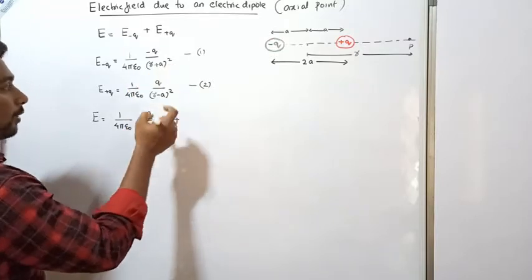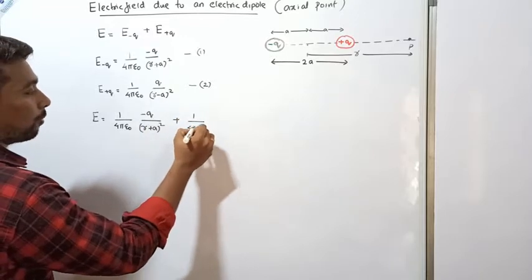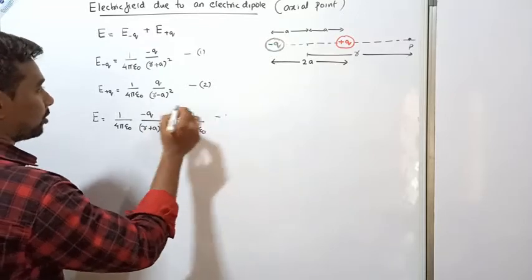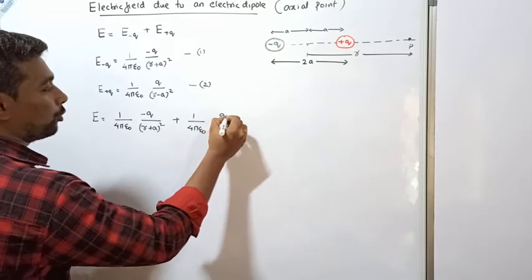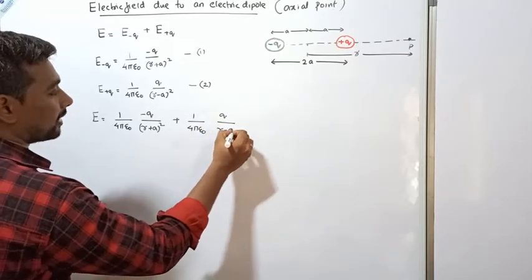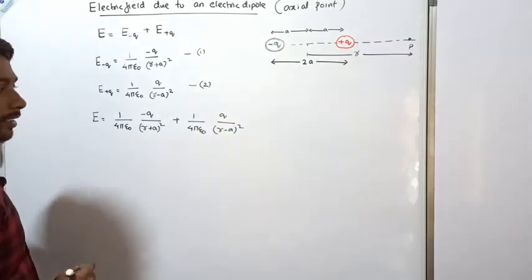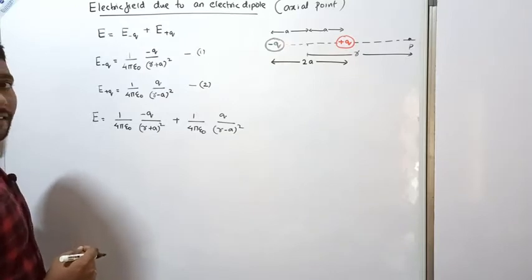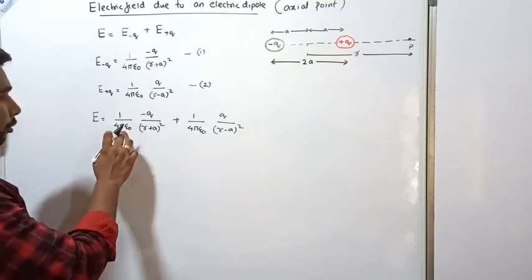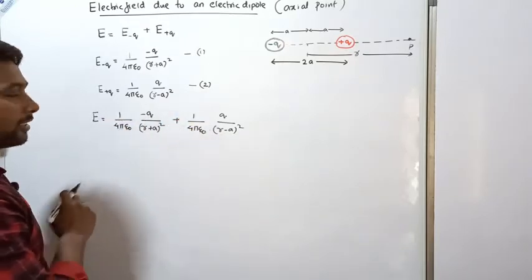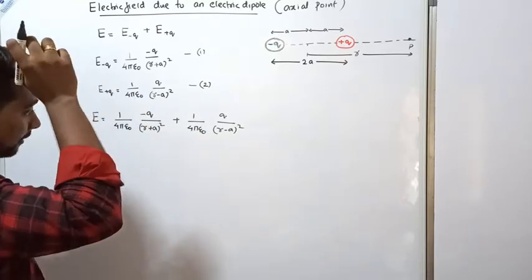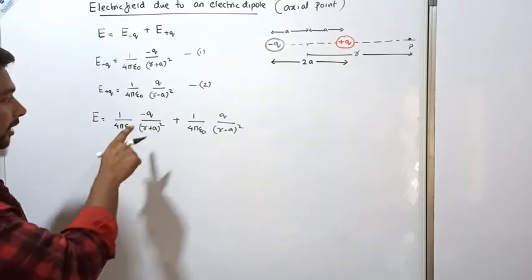Then plus the second equation, that is 1 by 4 pi epsilon 0 q by (r minus a) the whole square. What are the similar terms? You can take them as a common factor. 1 by 4 pi epsilon 0 is in both terms, right? Also there is a q.